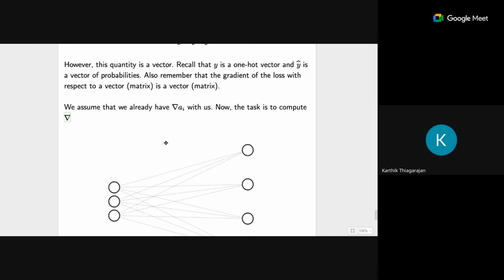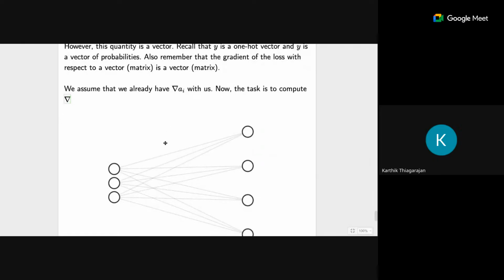You'll see that we can actually compute hi minus 1 with this. We can also compute wi with this, and finally we can compute bi with this. Okay, and one more. So all these we can compute. That's the beauty of the algorithm.